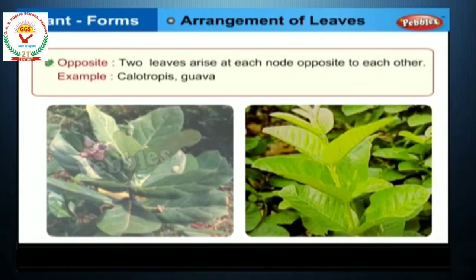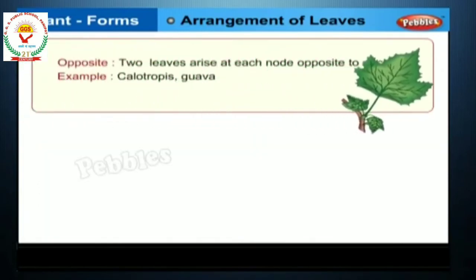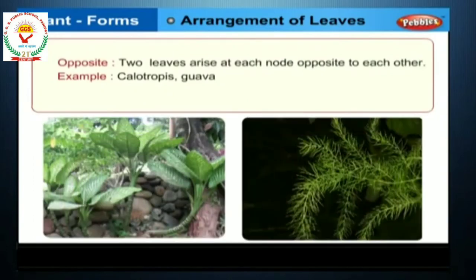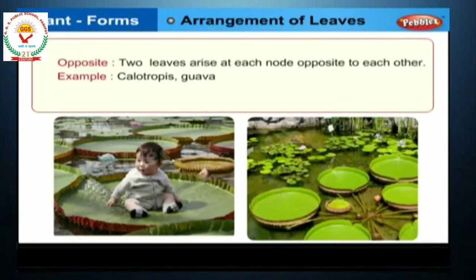Example, calotropis, guava. Whorled: more than two leaves arise at each node and are arranged in a whorl or circle. Examples, oleander, asparagus. Largest leaf: giant water lily, Victoria regia, more than 1 meter in diameter.